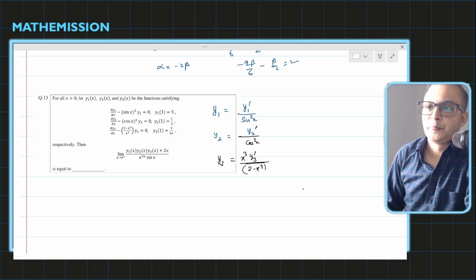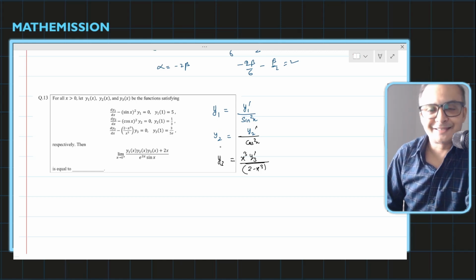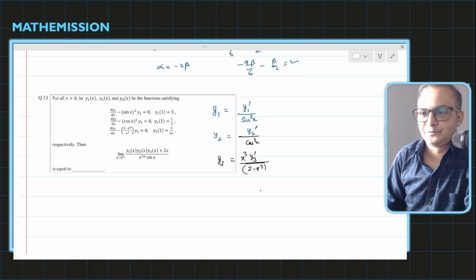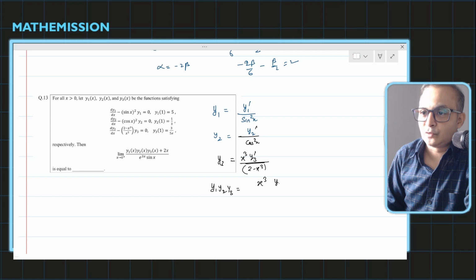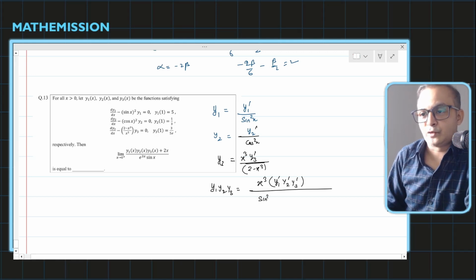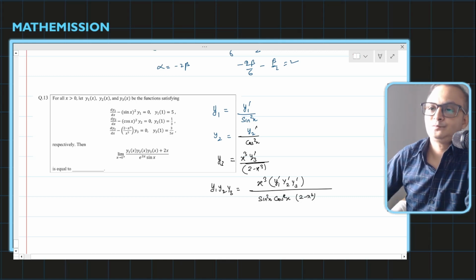Correct? Okay. And now I'm just multiplying these 3 things and putting them there. So we multiply y1 into y2 into y3. On the top you get x cubed times y1 dash, y2 dash, y3 dash. I don't care what that is. Now in the denominator I have sin square x, cos square x, and into 2 minus x cube.